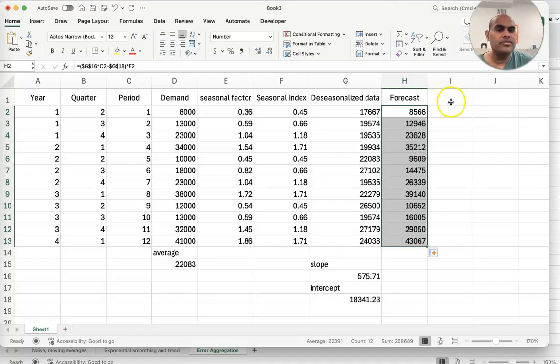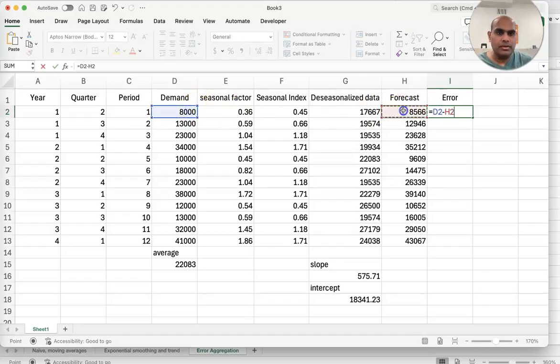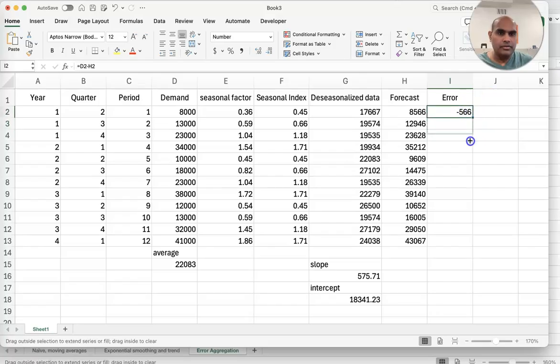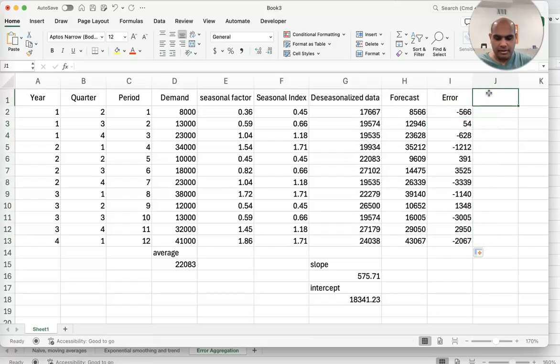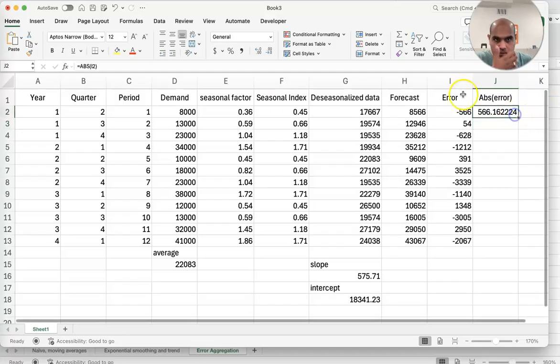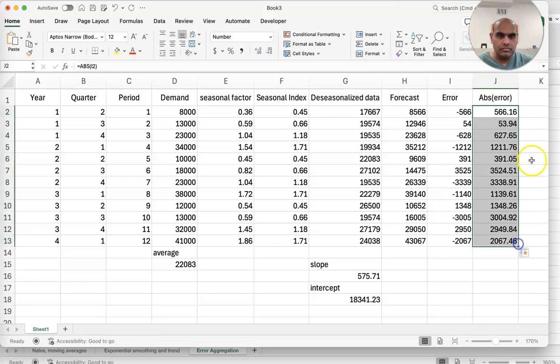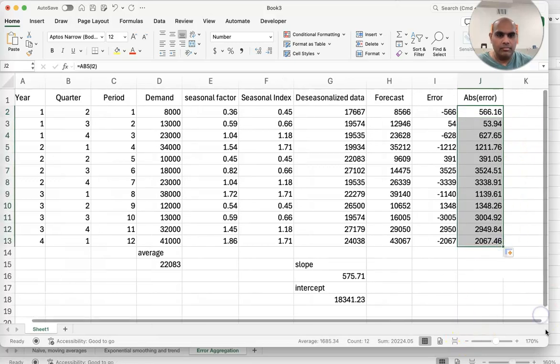Then of course I can do everything. I can calculate error, for example, actual demand minus the forecasted demand, right? I can calculate error values. And I can calculate, say, the absolute value of error. I can calculate MAD.